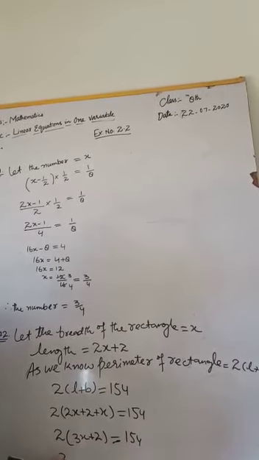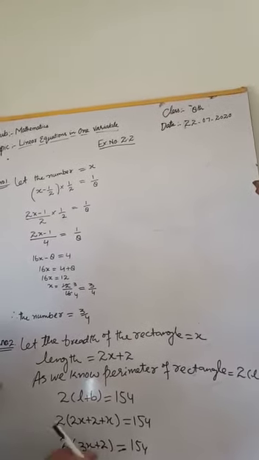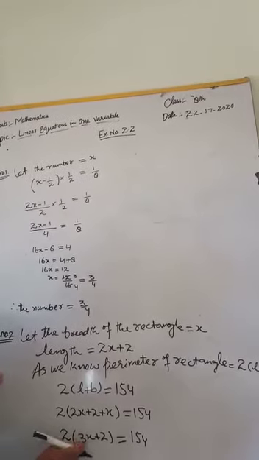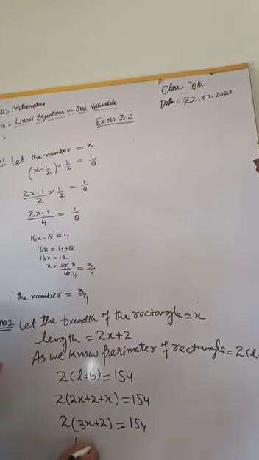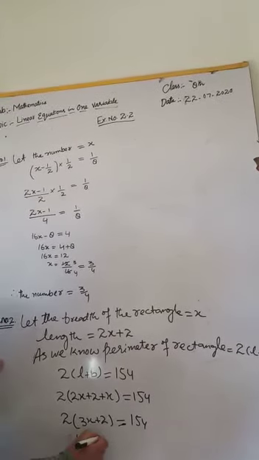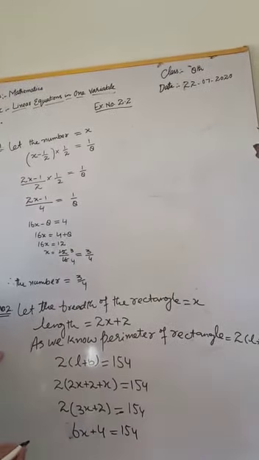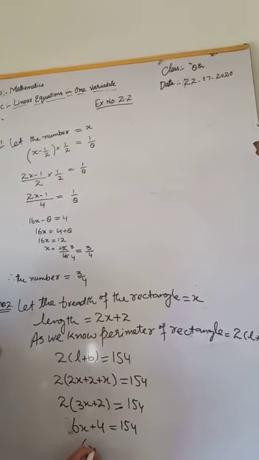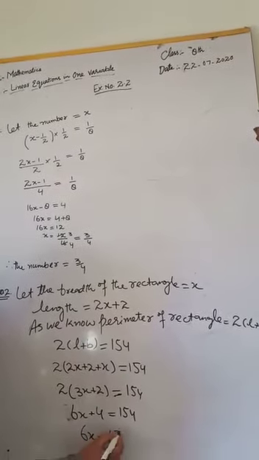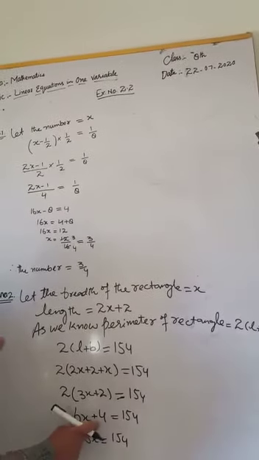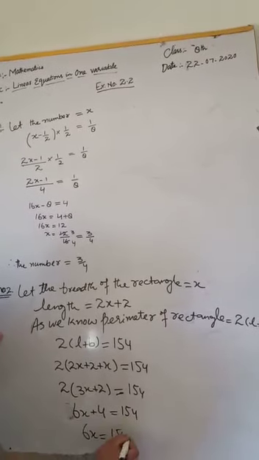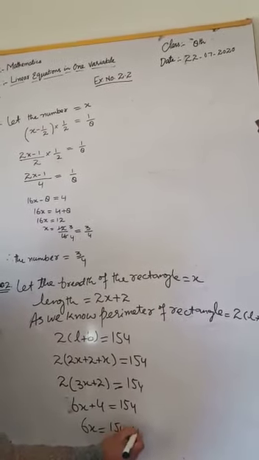Now we will multiply this part of the equation by 2. 2 times 3x is 6x, plus 2 times 2 is 4, equal to 154. Or we can write it as 6x is equal to 154 minus 4. We will transfer this plus 4 to the other side of the equation. It will get changed into minus 4.